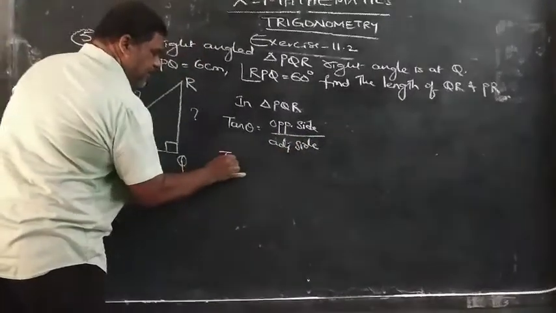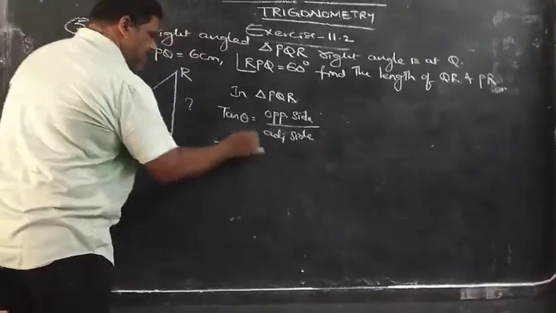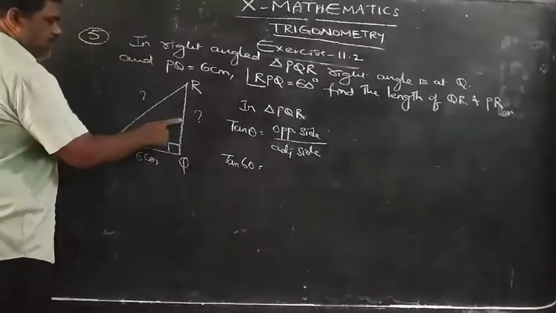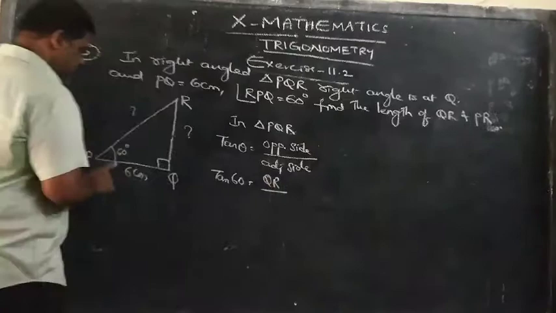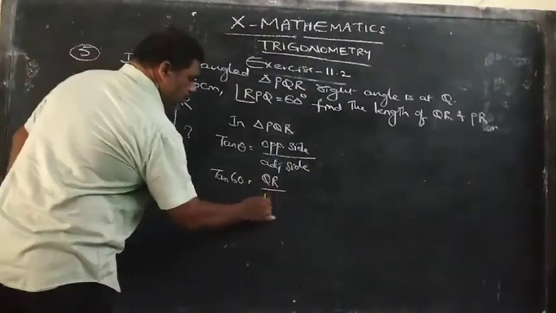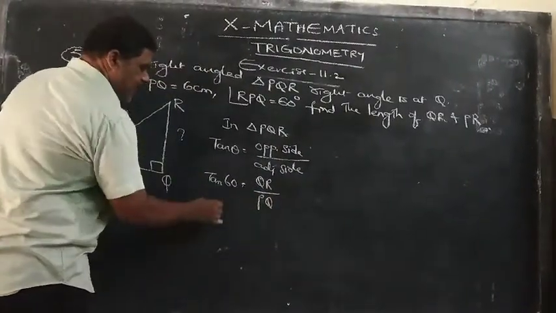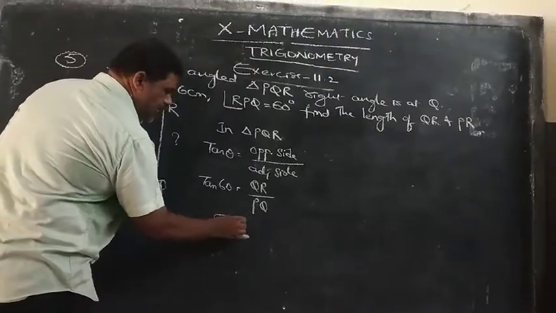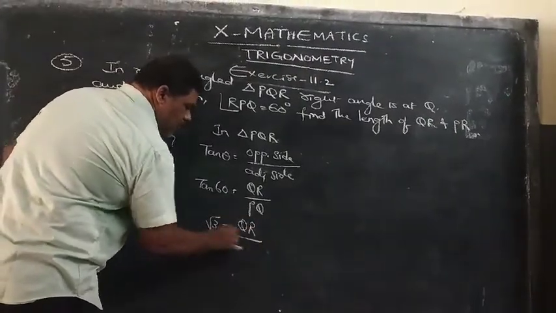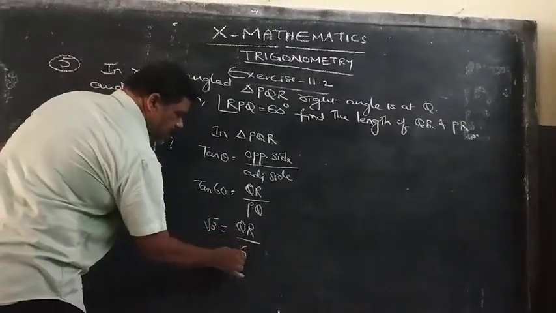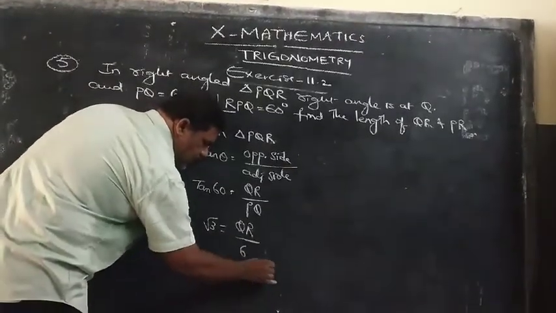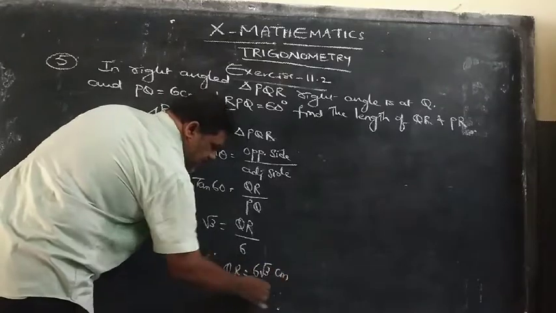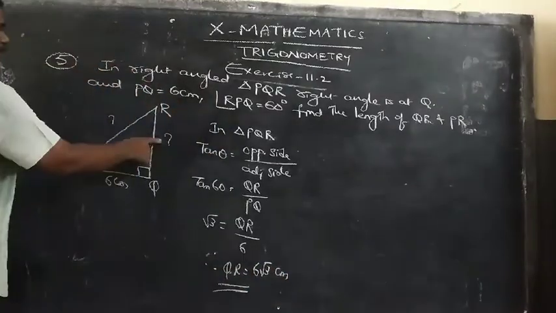If you apply tan 60 degrees, opposite to 60 degrees is QR, adjacent to 60 degrees is PQ. Tan 60 degrees is root 3, QR value we have to find, PQ is 6. Cross multiply, QR is equal to 6 root 3 centimeters. This is one side QR.